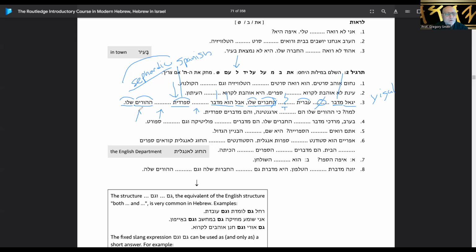Blank Hahorim Shelo, his parents. I think I'm going to put an et in there. So et Hahorim Shelo, his parents, okay. So then what goes in here?